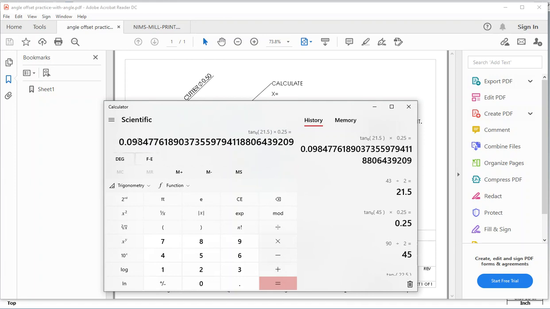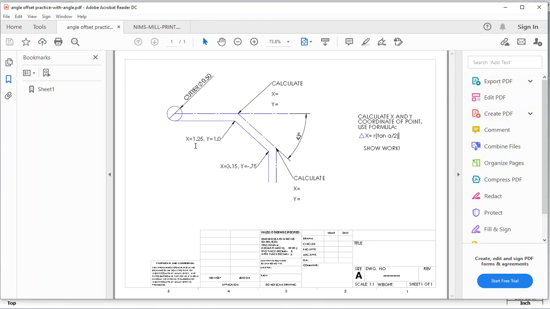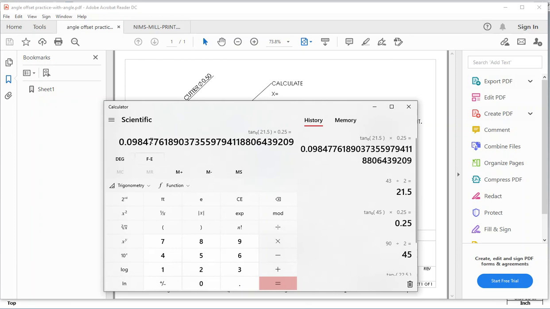So 0.0984, I'd probably round that to 0.0985. All right, so I come back and I say, my x at the corner is 1.25, and then I'm going to travel past that in the x positive direction by 0.0985, right?